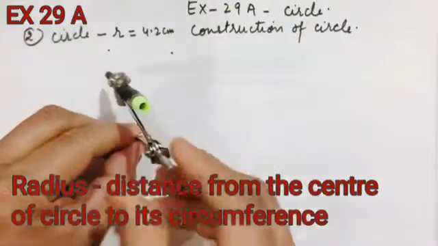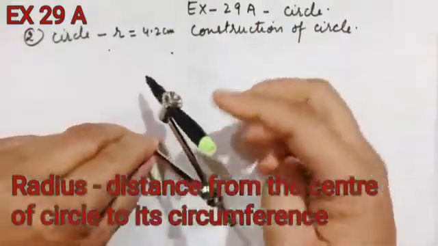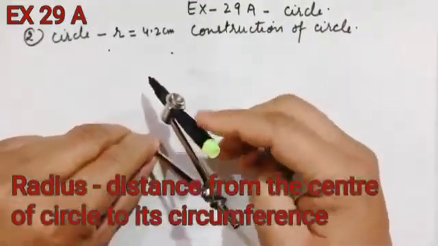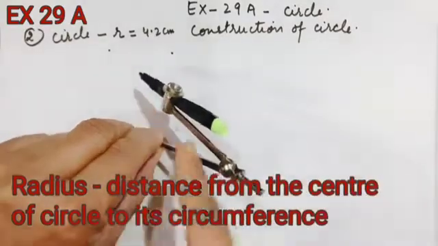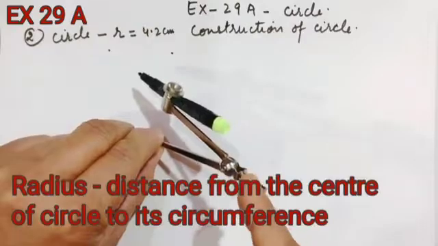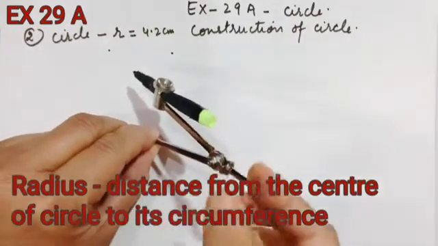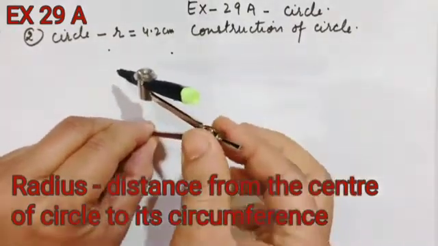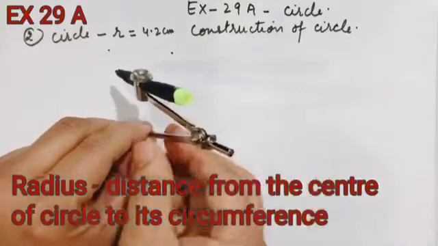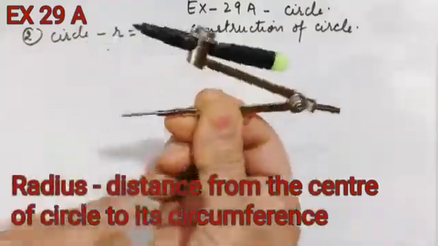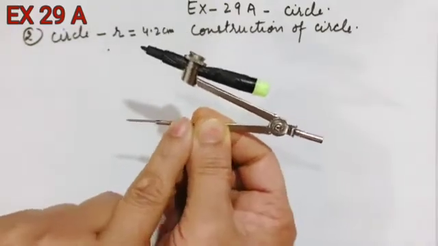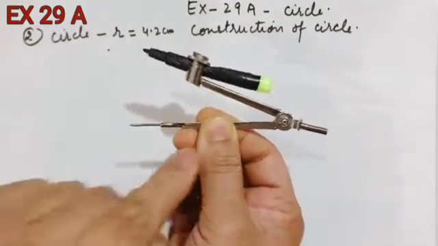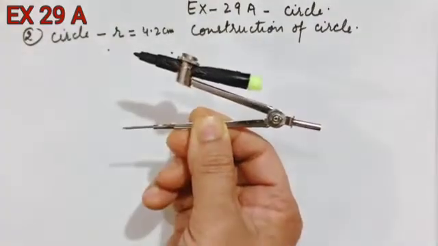While constructing a circle, please see that the length of this particular pencil should be shorter than the actual length of this leg. Isn't it? Number one. Secondly, do not try to hold it here, this portion. It is better you hold only one leg of your compass so that the other is left untouched.